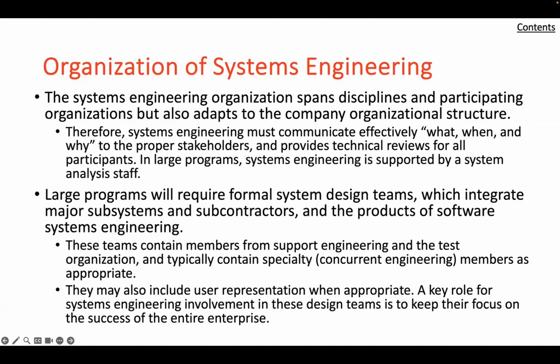Each individual style has evolved as a result of history, experience, and personal preferences of upper management. Accordingly, despite its central importance to the success of a given system development project, the system engineering function will usually need to adapt to pre-existing organizational structure.